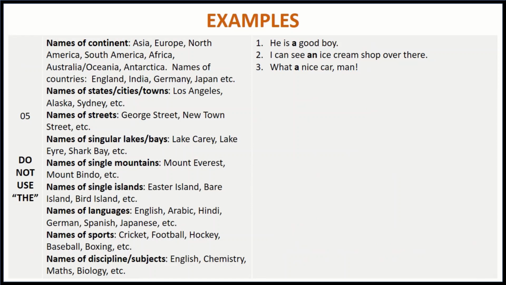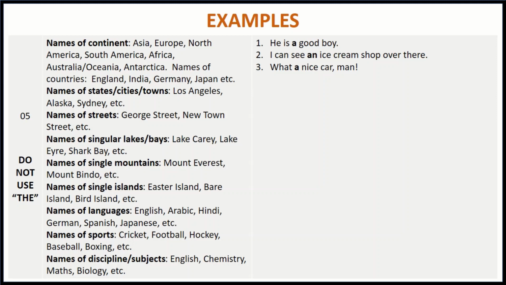Rule number 5. Do not use the. You can see a lot of examples about when not to use the. The reason why we don't use the definite article with these words is because they are proper nouns. They already have their identity in itself.